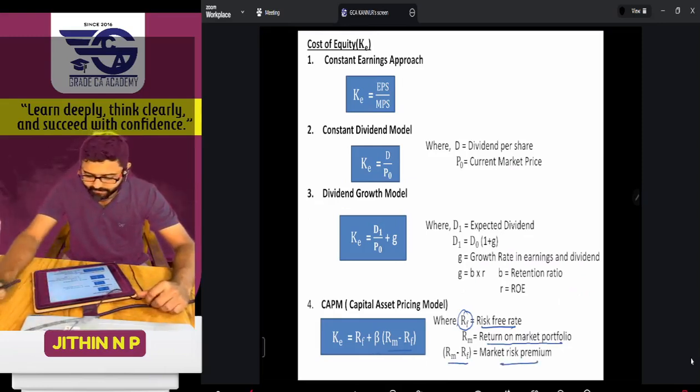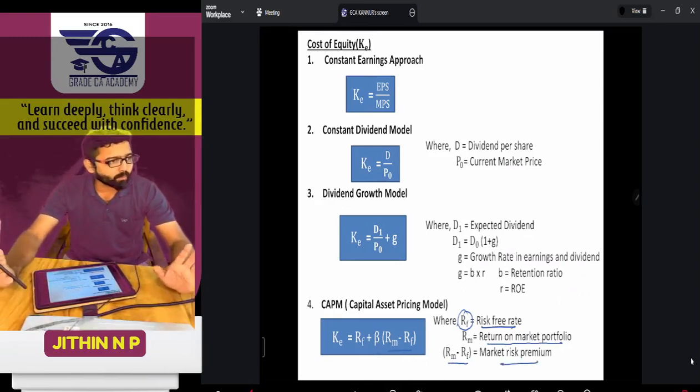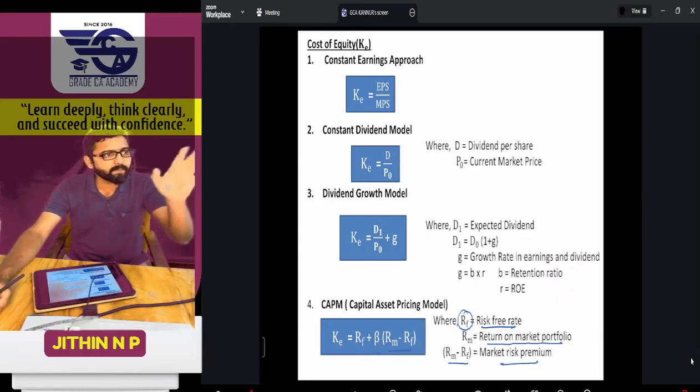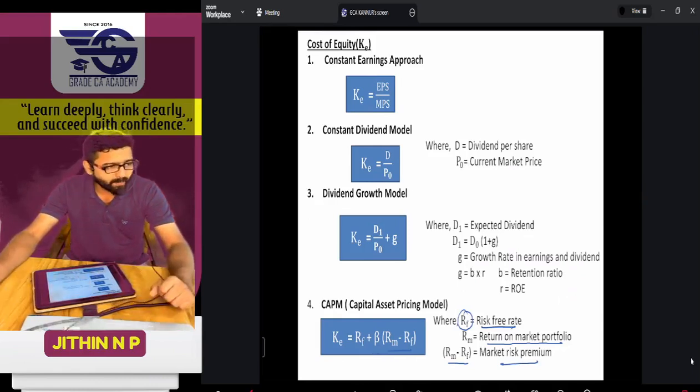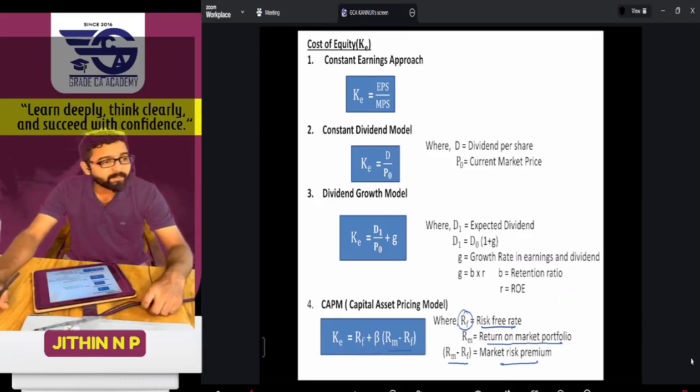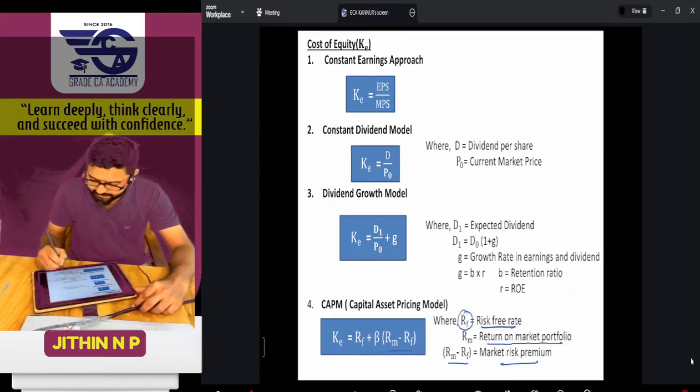Suppose I have 1 crore rupees. I can invest it in a scheduled bank like SBI, State Bank of India, and I can get 7% return. That 7% return is called the risk-free rate of return.